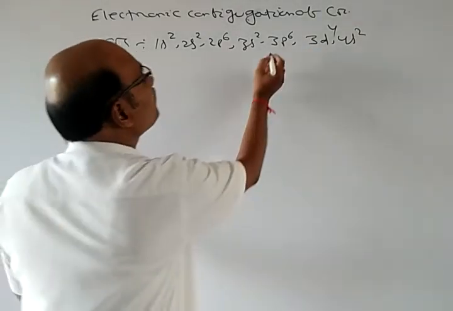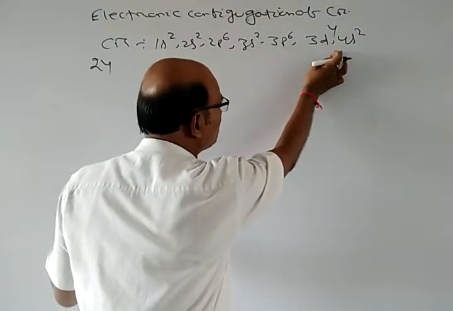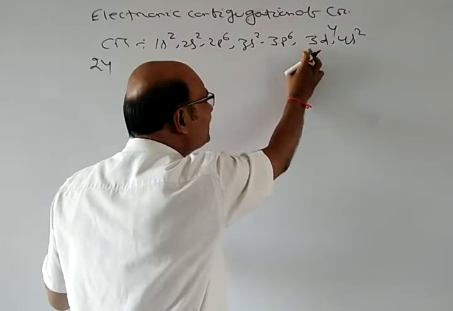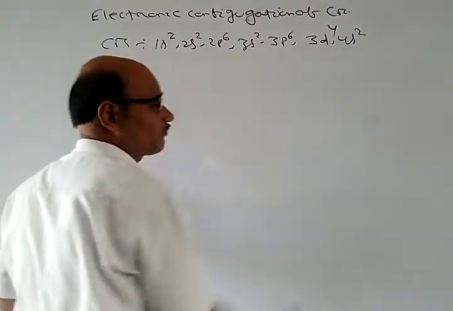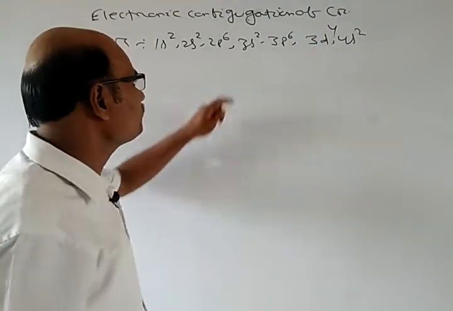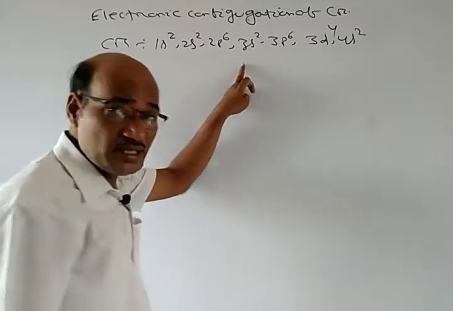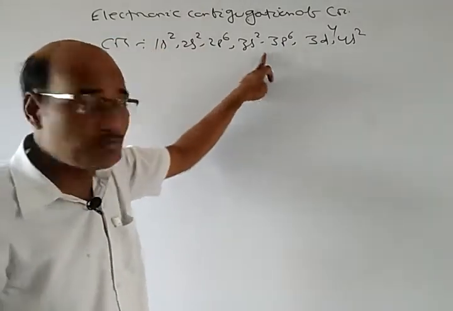After 3p, we have 4s because 4s has the energy of 4 plus 0 is 4, but 3d is 3 plus 2, 5. The 3d is in the third shell, that is 3s, 3p, 3d.